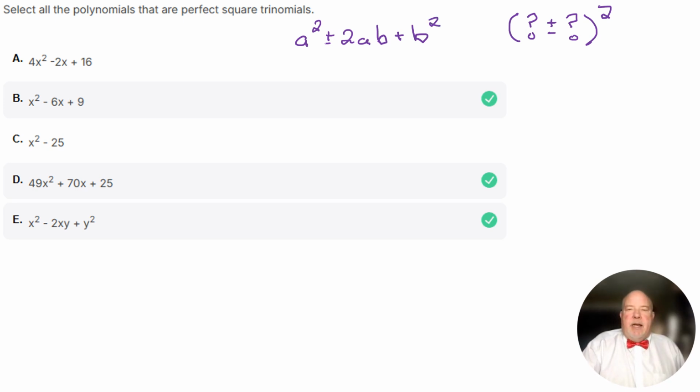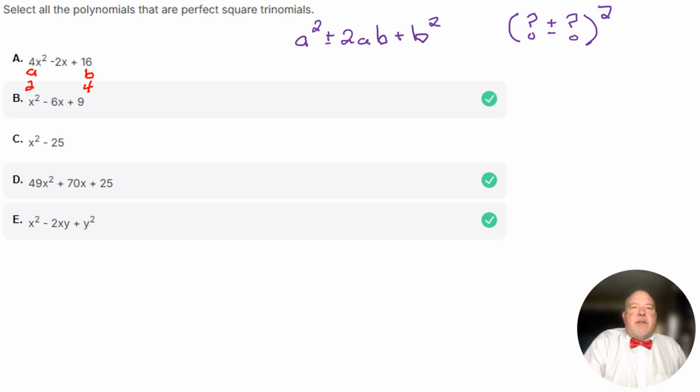So if I go and look at answer A here, the way that you find the a value is you take the square root of the coefficient of x squared. So the square root of 4 is 2. That's my a value. My b value here is the square root of 16, so that's 4.